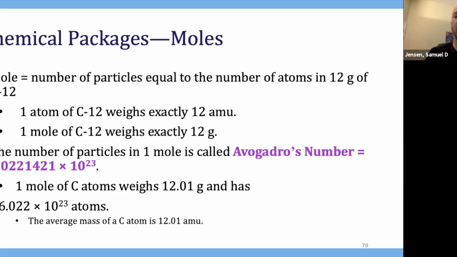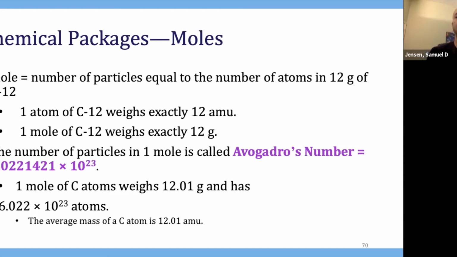This is called Avogadro's number, and this is the definition of what a mole is. The mole is just like a dozen pennies. If I have a dozen pennies, you know how many pennies I'm talking about. I always have 12 pennies. If I have a dozen eggs, I have 12 eggs. If I have a dozen cars, I have 12 cars. A mole is always defined as 6.02 times 10 to the 23rd.